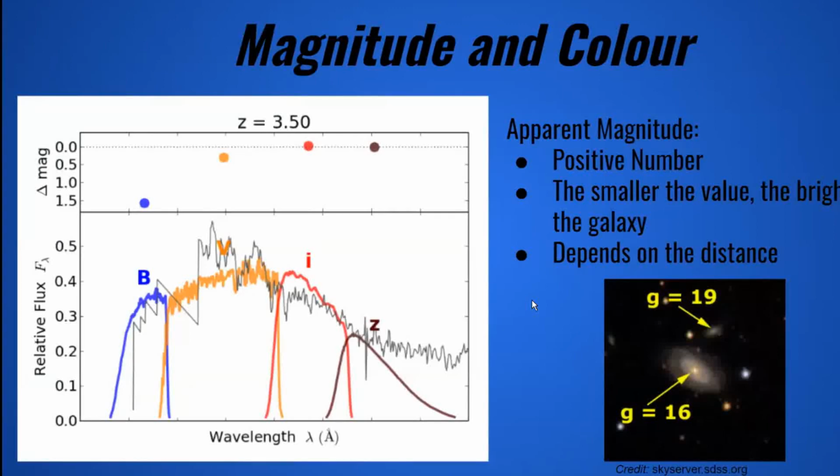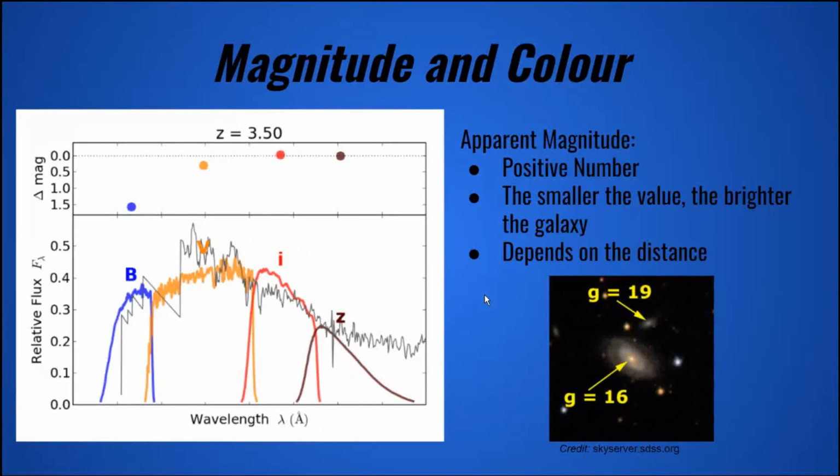With that light, if we take specific measurements using different filters, we can infer the magnitude and the color. When we talk about apparent magnitude, that has to do with the eye, and it's always a positive number. The smaller it is, the brighter the galaxy, and it depends on the distance, though.